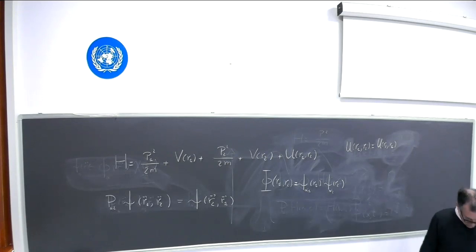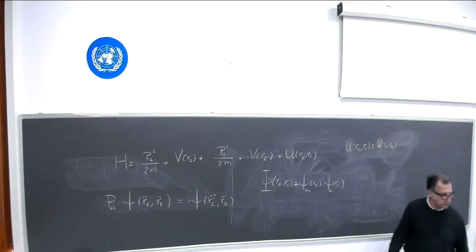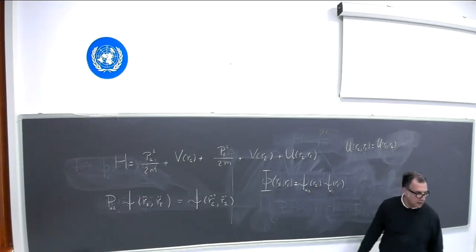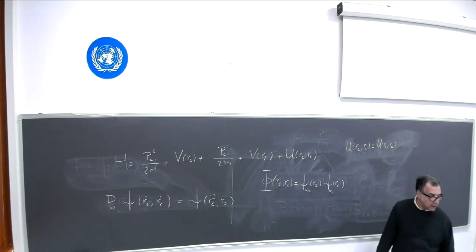Two quantum numbers: I have two orbitals with quantum numbers alpha 1 and alpha 2.